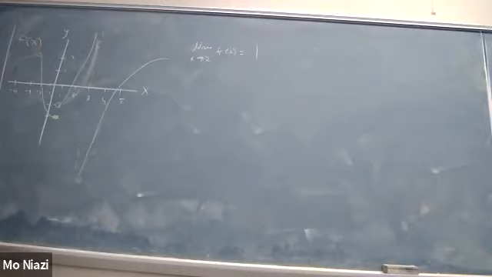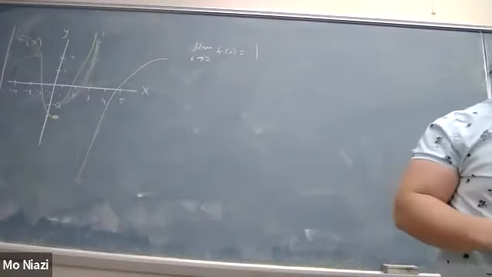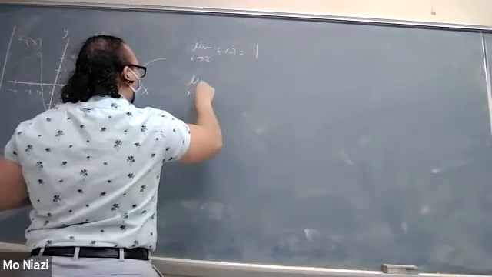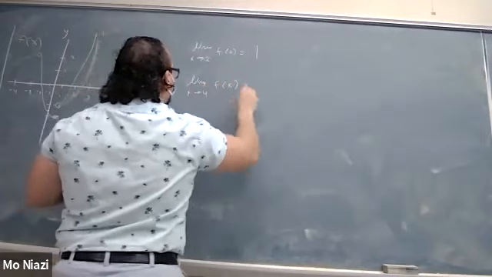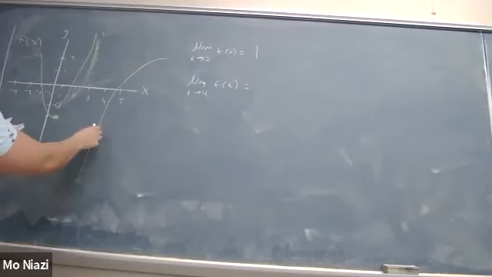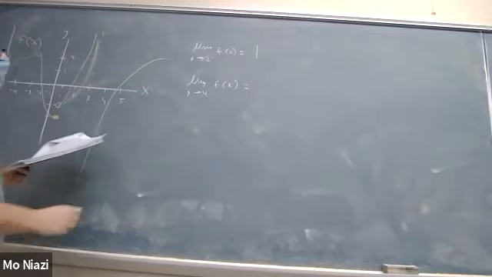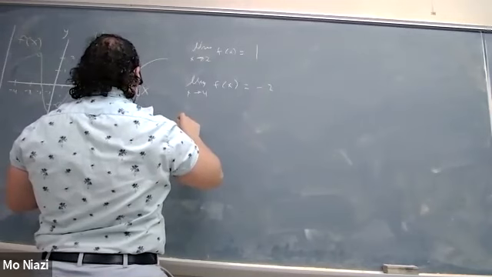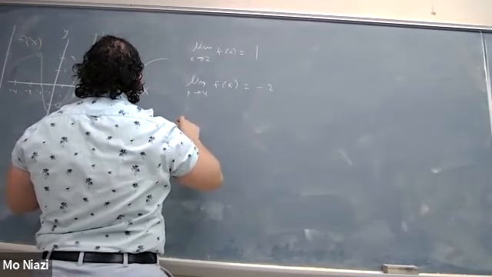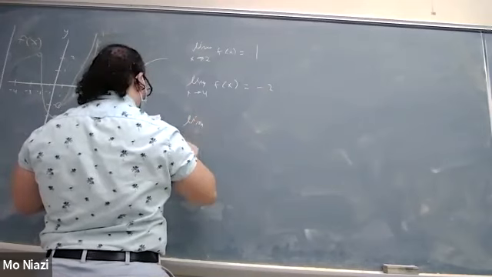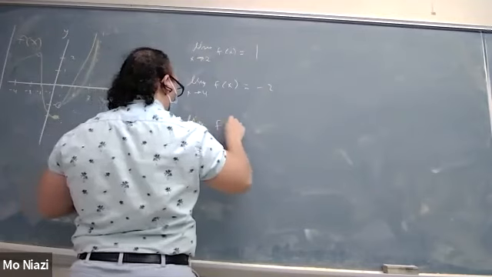Okay. What is the limit as x approaches 4 of the function? Yeah, you can kind of eyeball that to be -2. What is the limit as x approaches 6 of f of x?